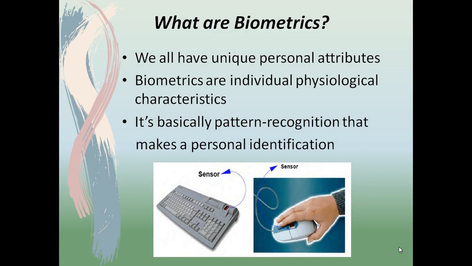Now, you might be thinking, what are biometrics? If you look at your own body, you'll see we all have unique personal attributes. Biometrics are basically an individual physiological characteristic. It could be anything from the shape of your fingers to your eyes to anything that stands out.